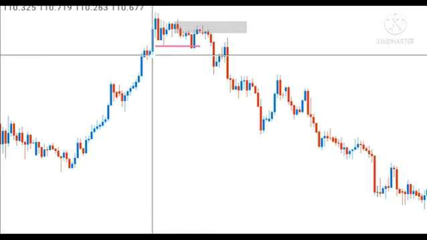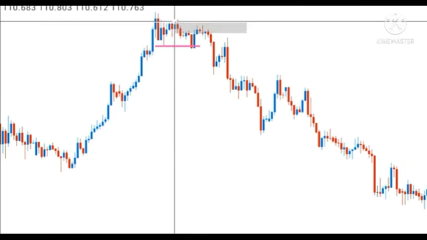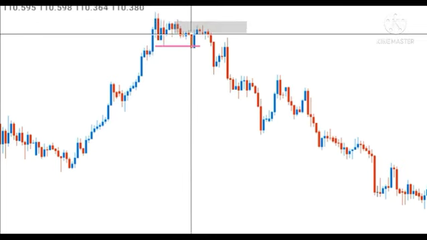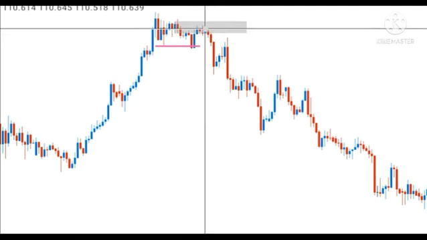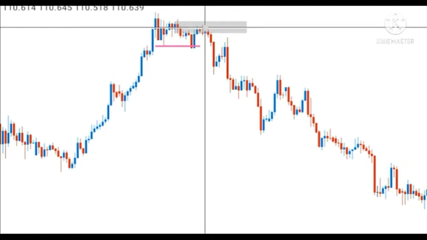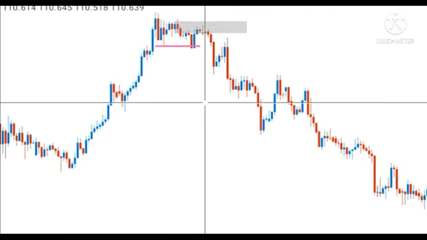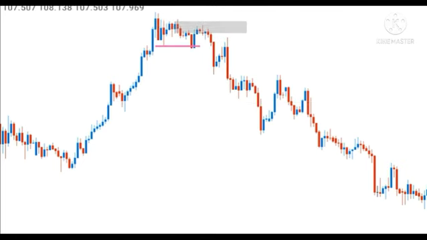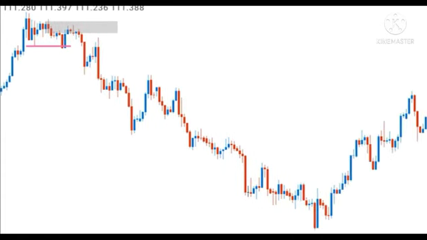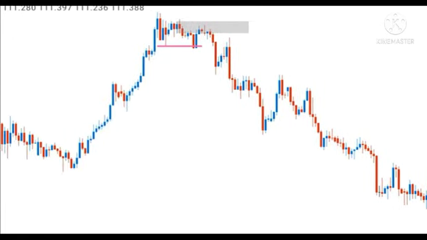When price broke the structure, where is our OB? Our OB is this last blue candle here before the break of structure. And when price rallied back up, price reacted to that OB and dropped aggressively. Look at the way it dropped aggressively.